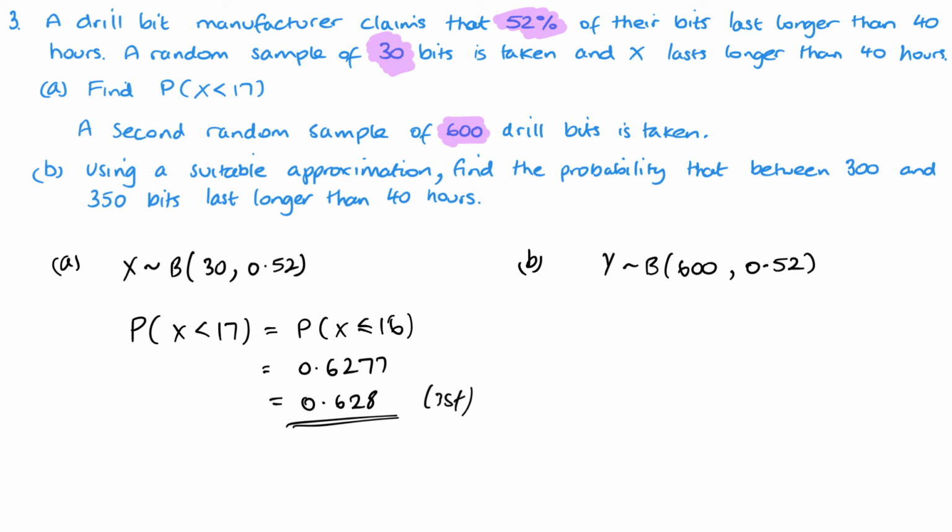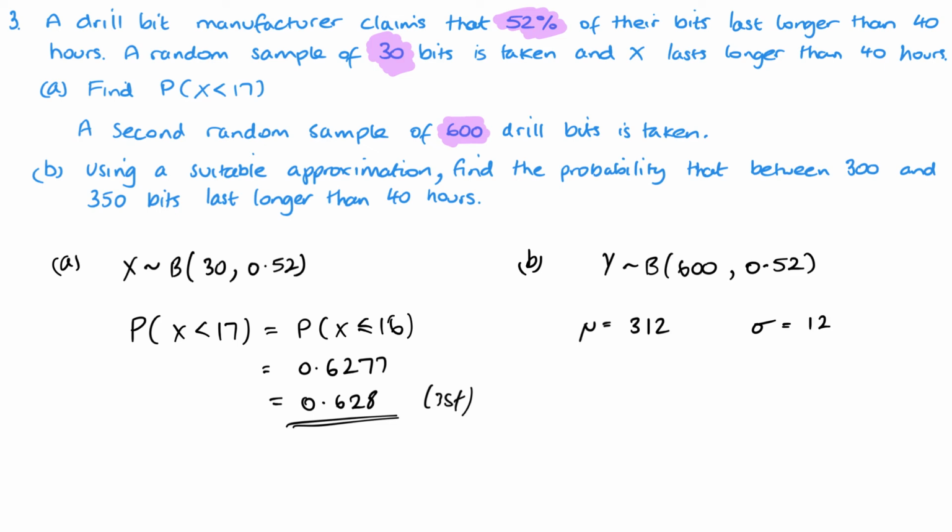So finding my values for mean and standard deviation. The mean is np, 600 times 0.52 gives me 312. And then the standard deviation is the square root of np times 1 minus p.